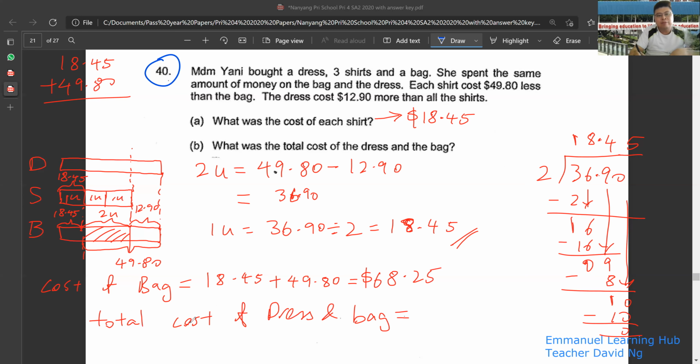Look at the model again. The cost of the dress is also the cost of the bag. From the model you can tell. Now can you tell me how to find the total cost of the dress and the bag? Times 2. Very good. 68.25 times 2.